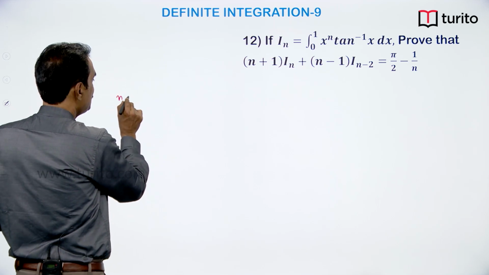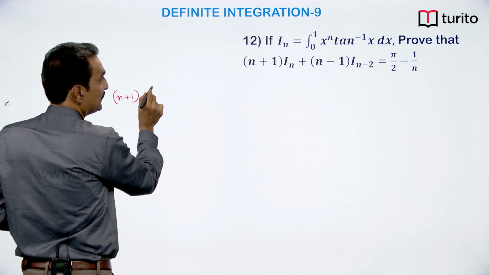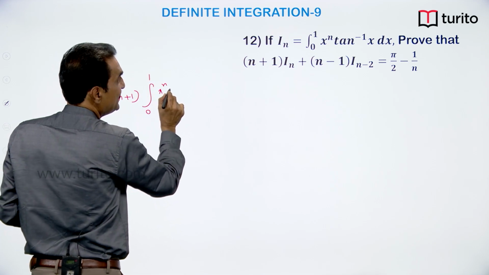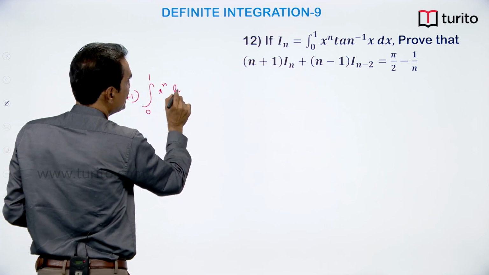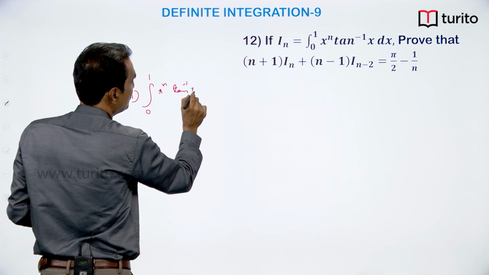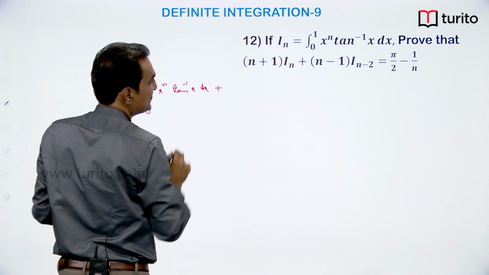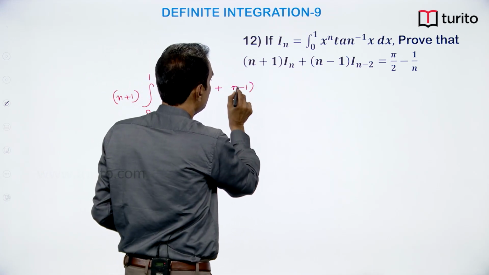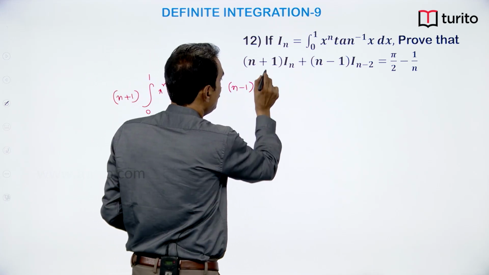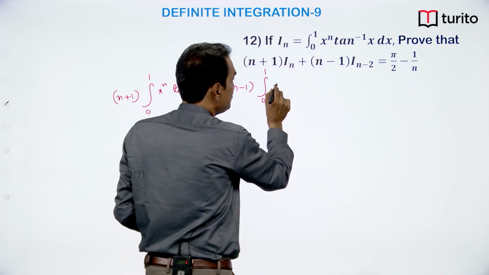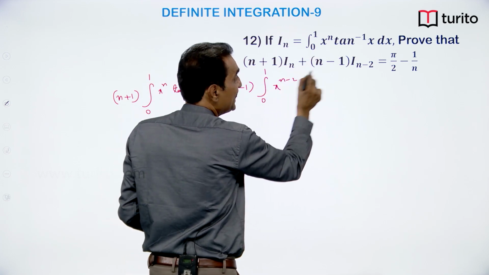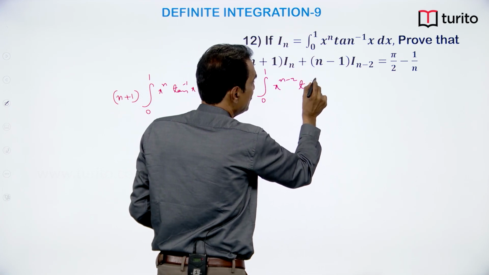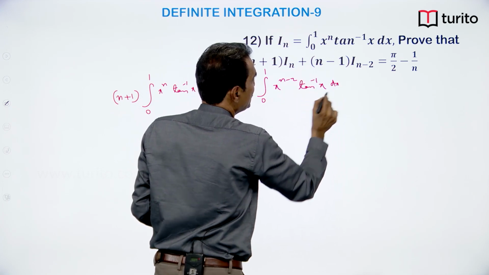n plus 1 into In is integral 0 to 1 x power n tan inverse x, plus n minus 1 into integral 0 to 1 x power n minus 2 tan inverse x dx.